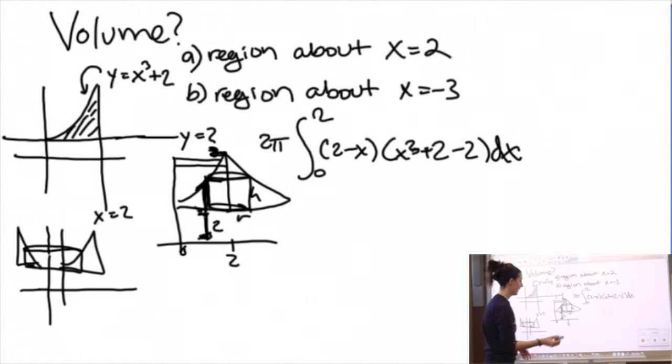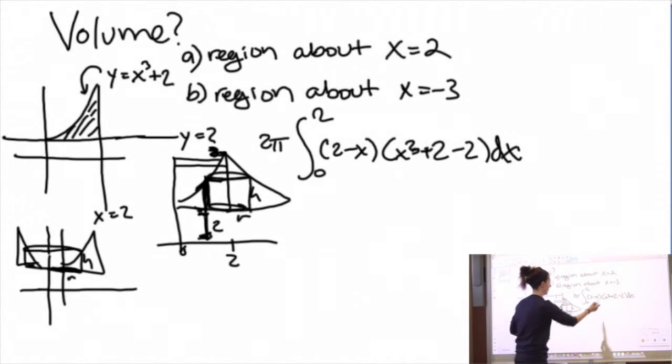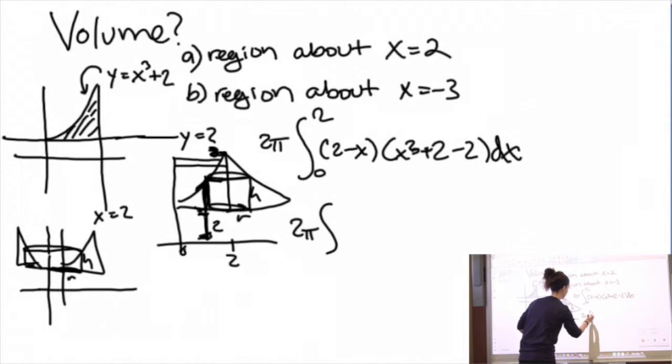So right here we have height, and we have radius. It could be like this, right? So our height, once again, is going to be the same thing. So 2 pi.